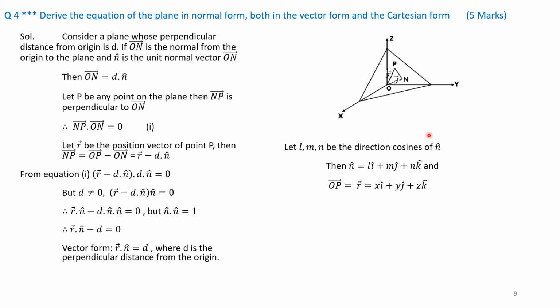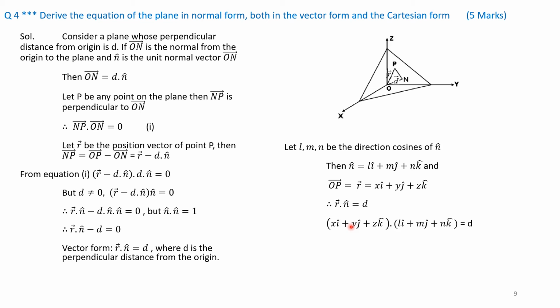Therefore, OP is equal to R, and R is equal to xi plus yj plus zk. Therefore, R dot n cap is equal to d. That is the equation we have proved in the vector form.